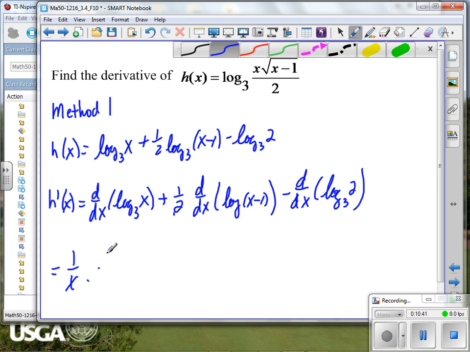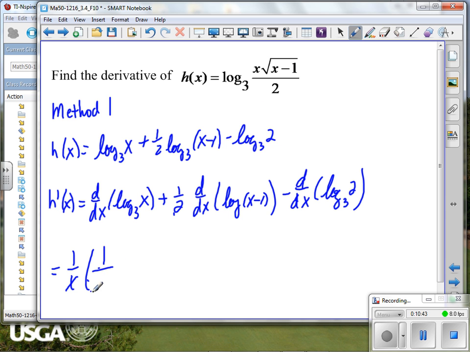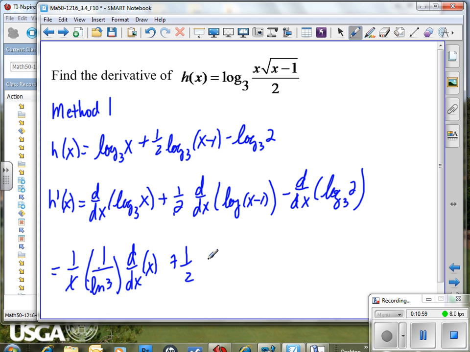Make that a little better for you. And then I have to take the derivative of the expression, so the derivative with respect to x of x. And then moving on, we're going to have 1/2 plus the 1/2. Now, the derivative of the log of x minus 1 is going to be 1 divided by that whole quantity, x minus 1.